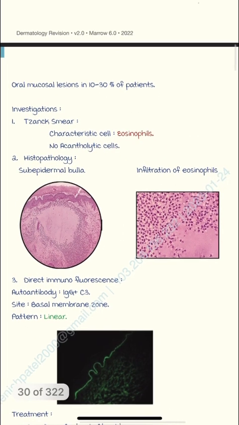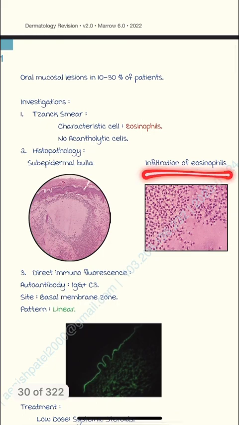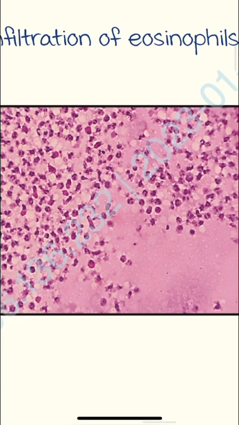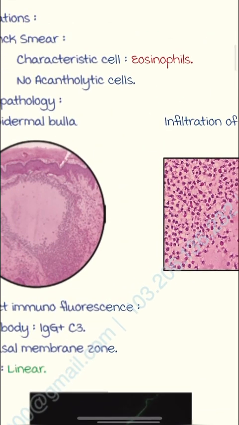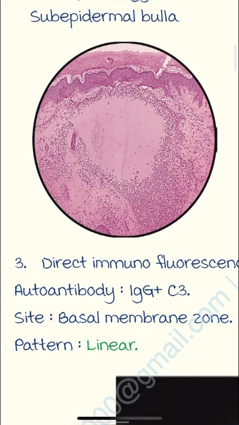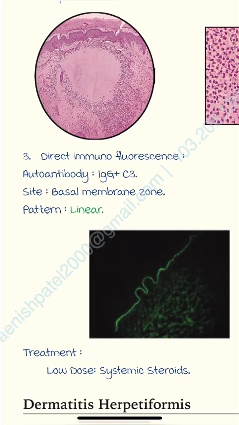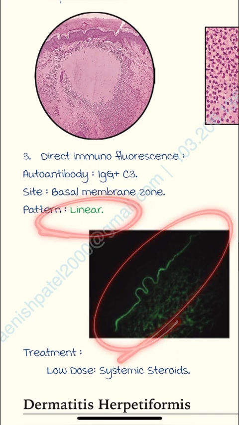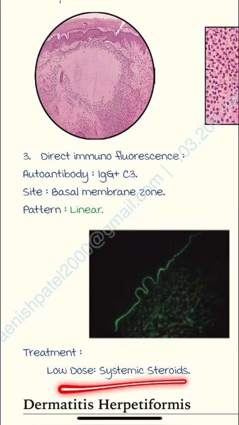This is the infiltration of eosinophils and this is the subepidermal bulla. On direct immunofluorescence, the antibody is IgG plus C3, the site is the basement membrane zone, and the pattern is linear. Treatment is low-dose systemic steroids.